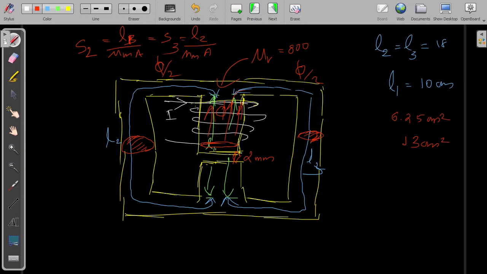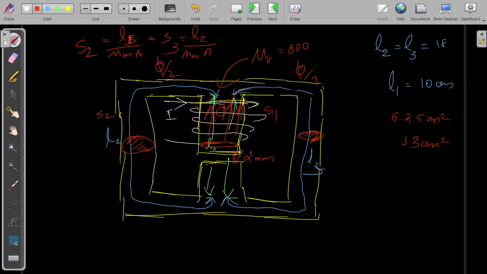Okay, and then we have another value of reluctance offered by this main limb, the central limb actually. That is S1, you can say, and this I am denoting as S2.